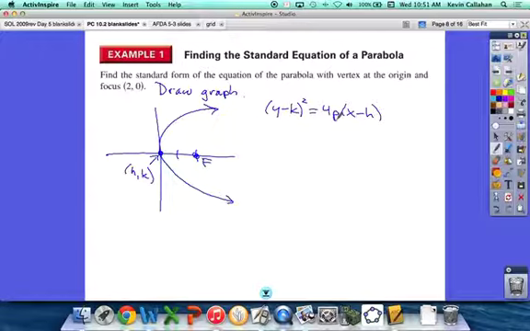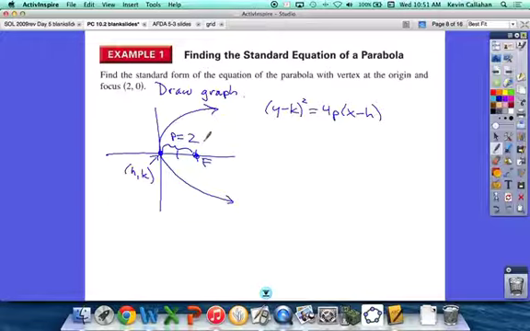What's the vertex? It's 0, 0, so I know that. And what is the p? On this picture, what is p? P is this distance right there. And it's opening to the right, so P is positive 2. That's everything you need to fill in to that equation.